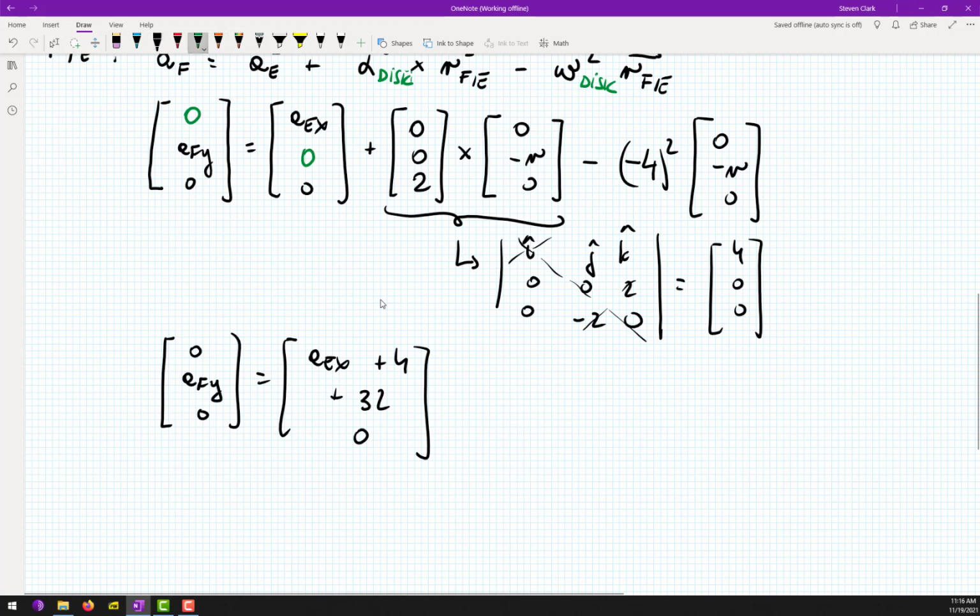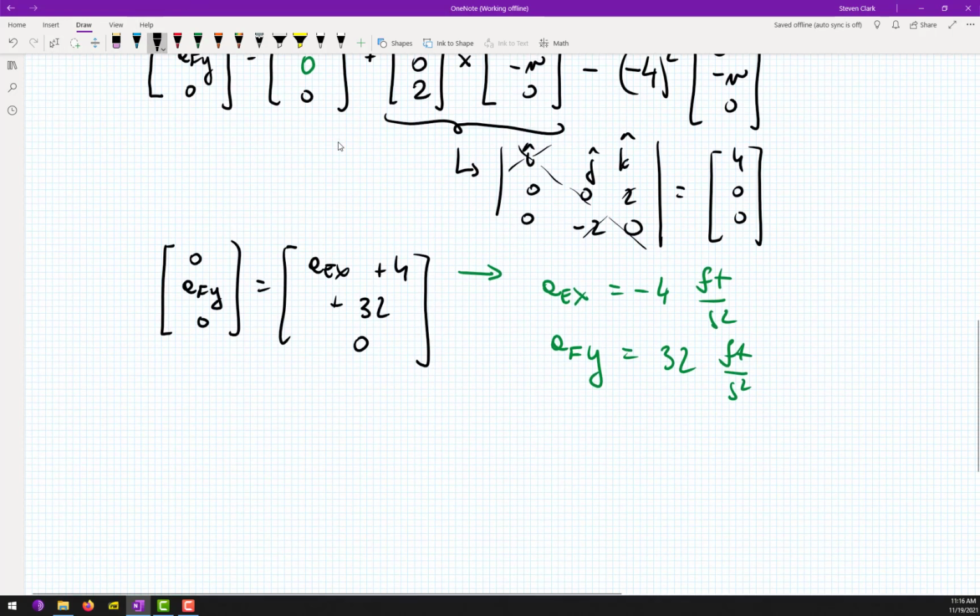Okay, so we see that AEX will be minus 4 feet per second square, and AFY will be 32 feet per second square. So you see, Trevor, it's not 0. Let me draw it also vector-wise.